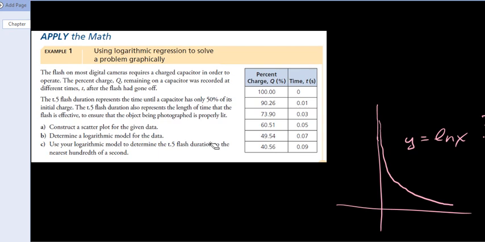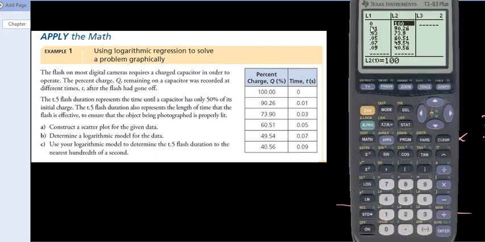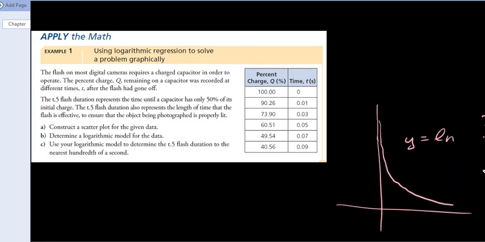If you come up with that error, and you've done everything you're supposed to, you've put the points in there, but you say, okay, a natural logarithm equation cannot have an x equals 0 point. So my question is, does this 100% charge at 0 seconds, how important is that to the data?